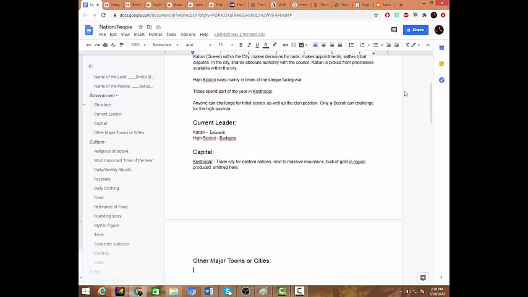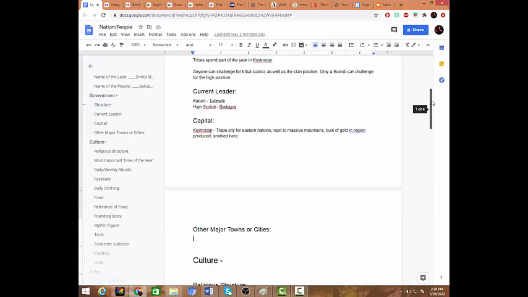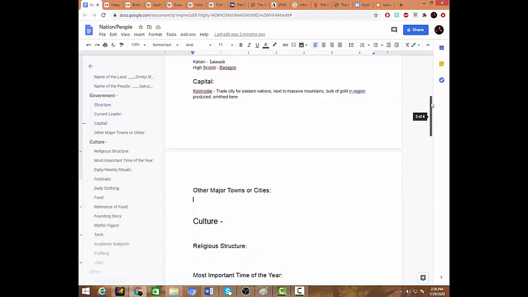They will still go and raid nearby places because, hey, that's more stuff, more battle, more glory. But they don't want to upset this balance because essentially they're getting gold every few months. Other major towns or cities, I think there are small villages that are sort of cycled through in a similar way to Khosnadar. So let's define another city.